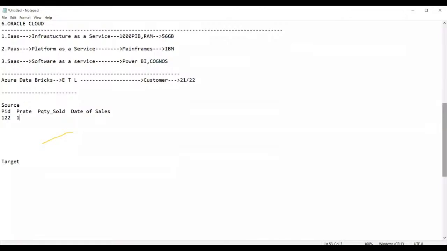Product rate, let us give it as 100 rupees, and the quantity sold is 10, and then the date of sales is 21/11/2022. And then you have the product something like this, the rate is 200, and the quantity sold is 05, and the date of sales is 21/11/2022.